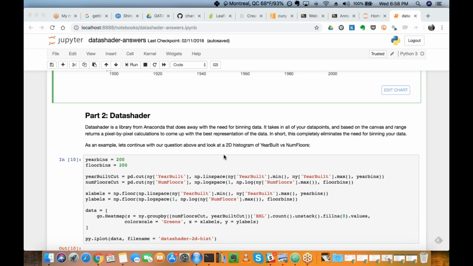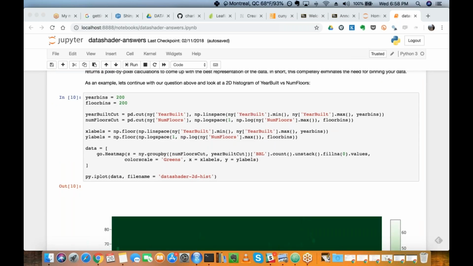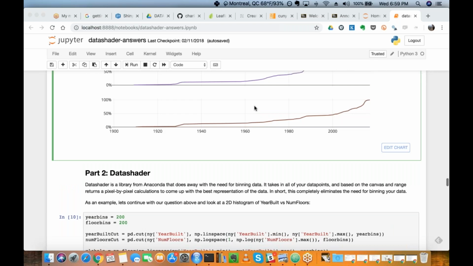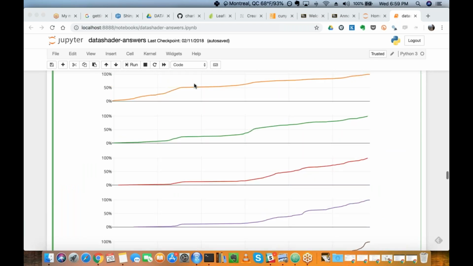Cool. So the next question was more of a straightforward question. Actually, Vikas had a question about the first question: is the use of subplots an example of small multiples? Absolutely, this is an example of small multiples. That's a good catch.